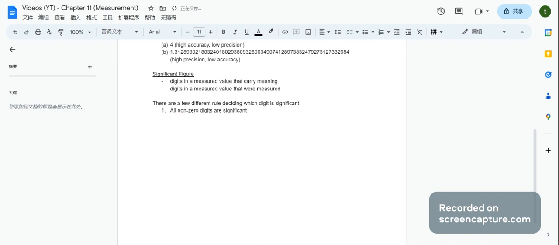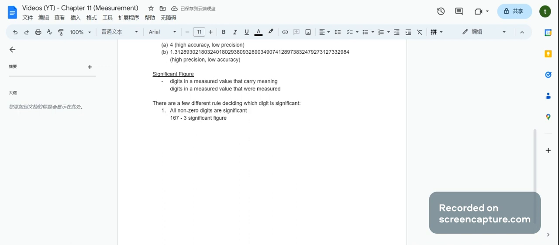For example, if we have a value of 167, 1, 6, and 7 all carry meaning and are actually being measured, therefore it would have three significant figures. Because 1 is one significant figure, 6 is two, 7 is three. So this would have three significant figures.